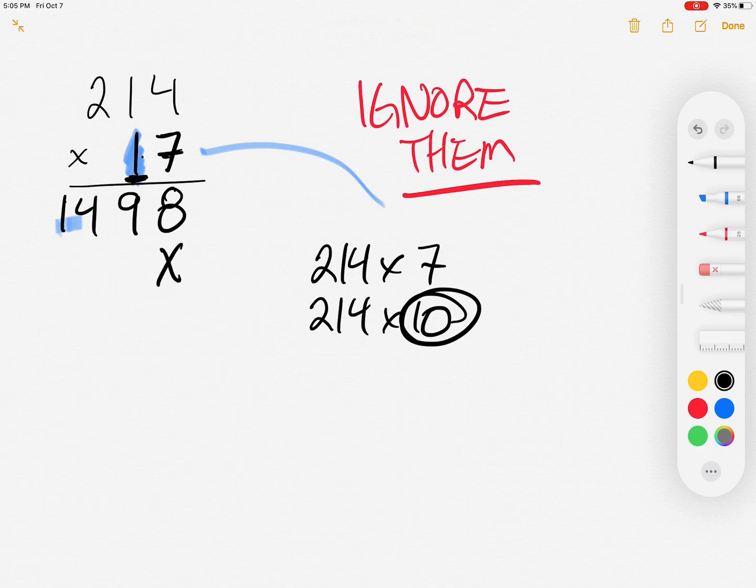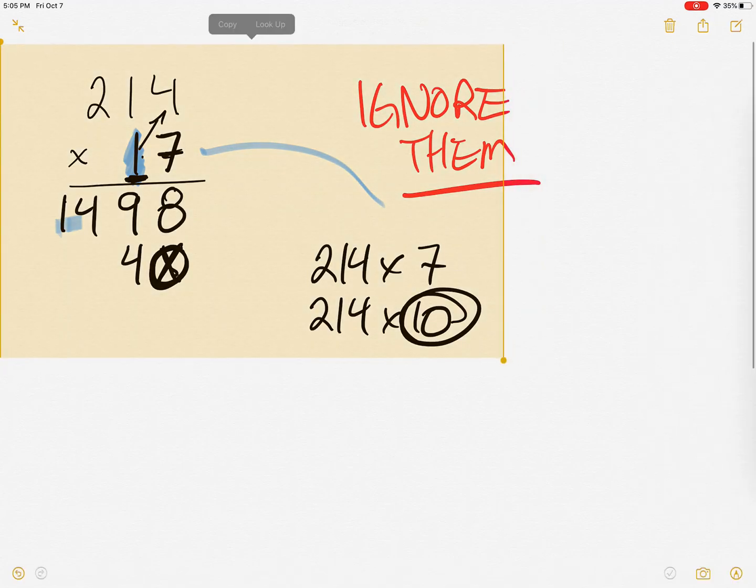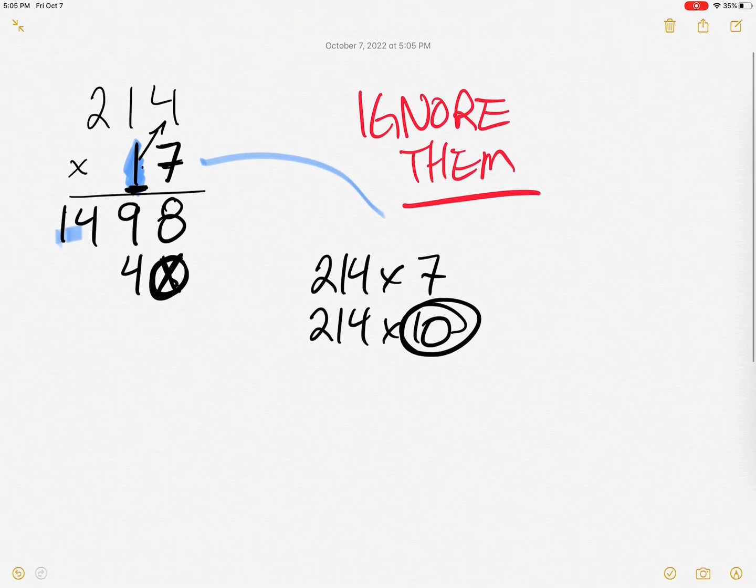No, it is not. So I'm going to put an X in the ones because I'm actually multiplying by groups of 10. I can now do 1 times 4 because I put in this little placeholder. I like to use the X. You can also use a 0. I like to use the X because we're actually just confirming that it's not in the 10 or the 1 spot.